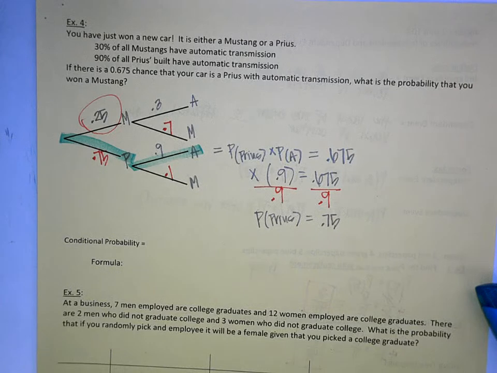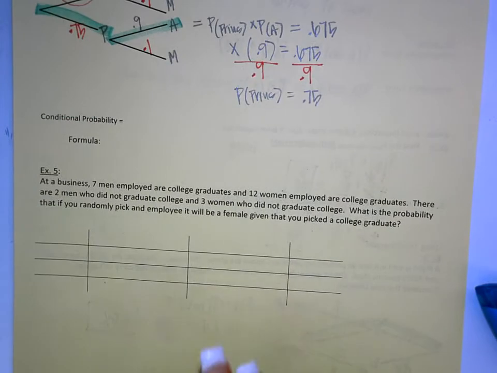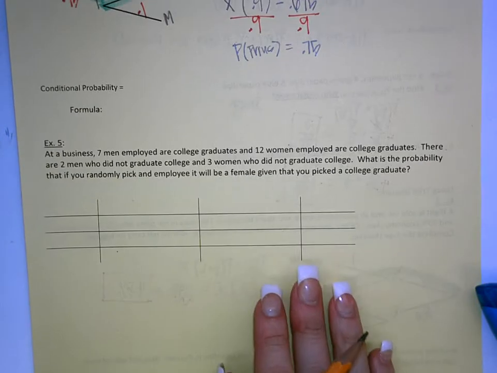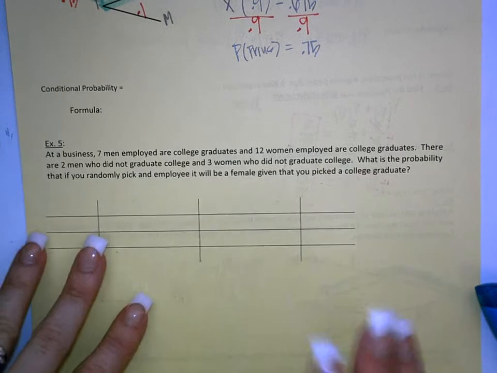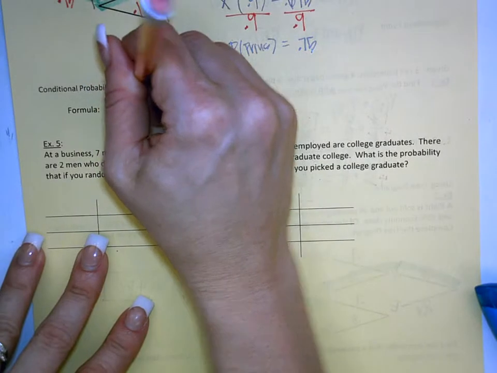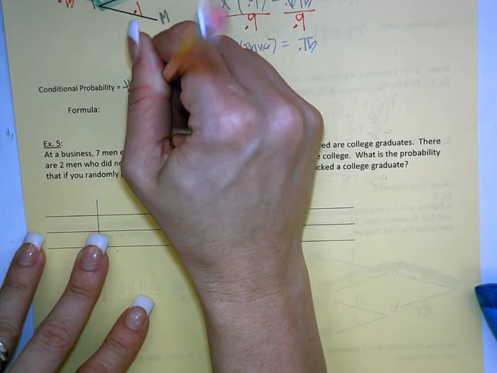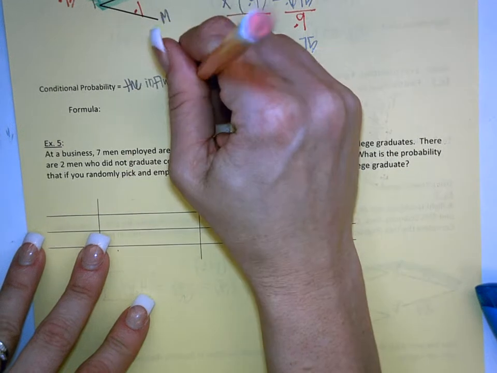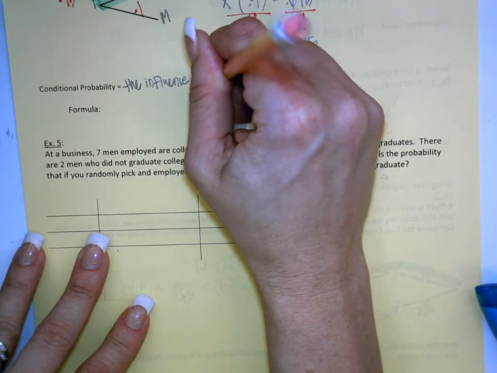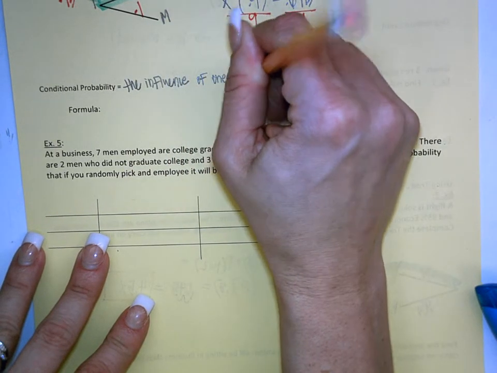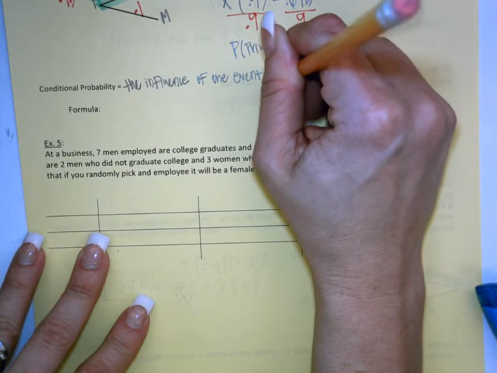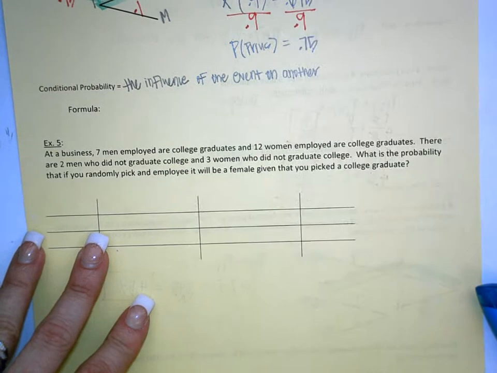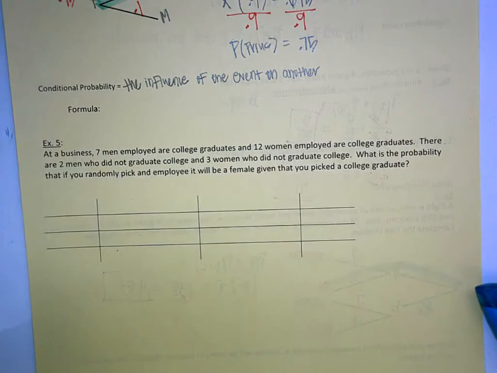Last thing we're going to go over is something called conditional probability. So I'm going to give you a definition and then a formula. So conditional probability is the influence of one event on another. A lot of times this is talking about jobs.